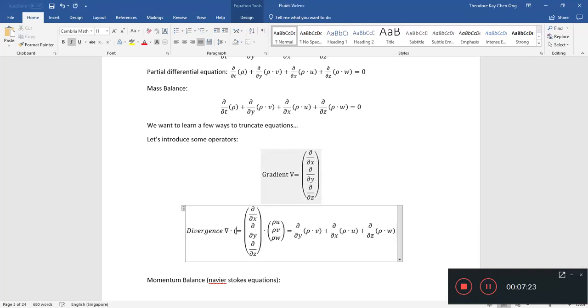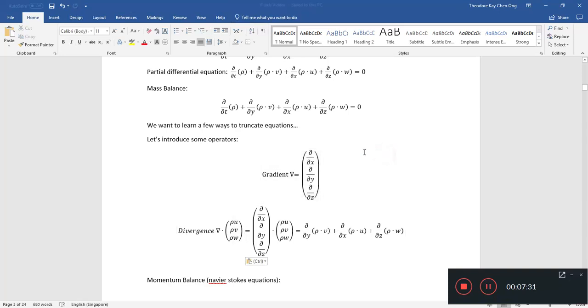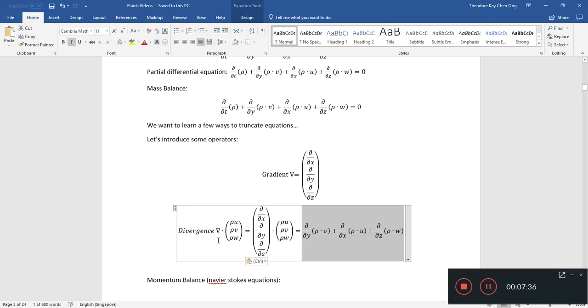So if I want to simplify this, it'll be like this. So we have compressed these three terms into something like this. It's a very compact way of representing all of these.